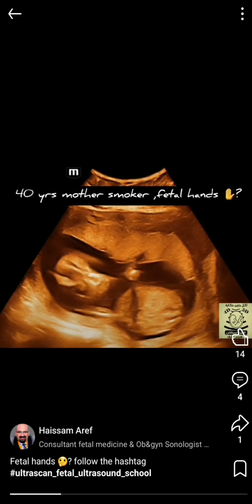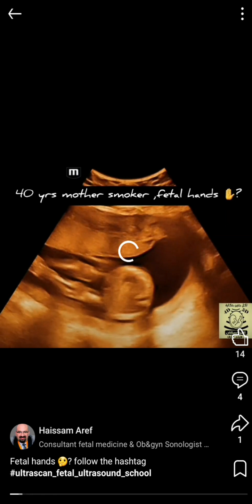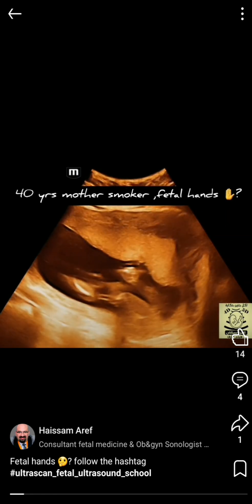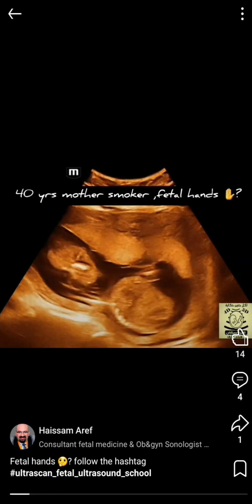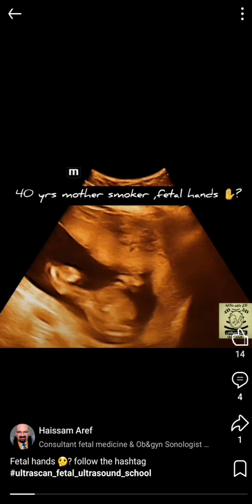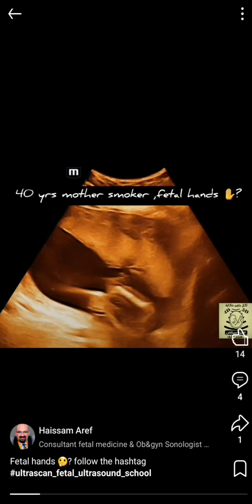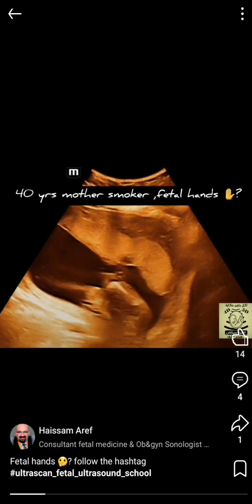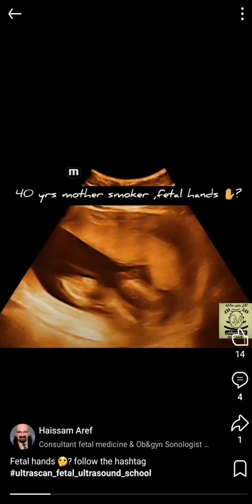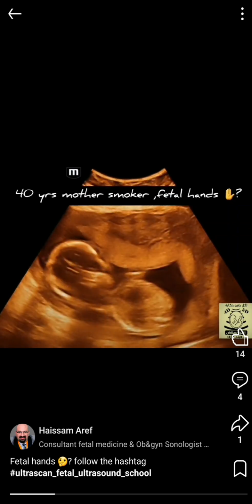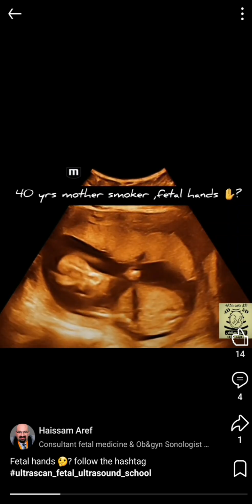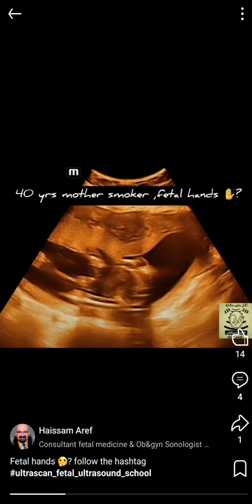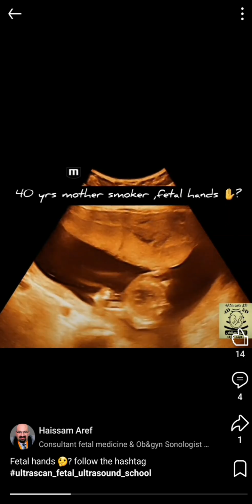So let's go to the other case here. It's a very interesting case. The mother is a 40 years old smoker, with apparently a radial ray anomaly in the fetal hands, also associated with an apparent AVSD. So we'll jump to the conclusion of a case of Holt-Oram syndrome.